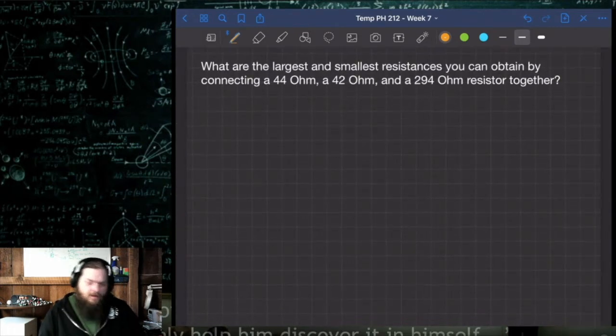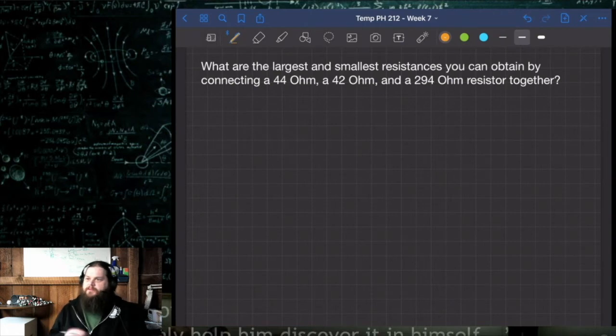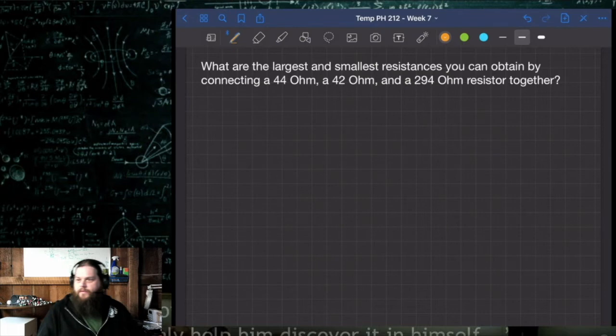So now we can apply this. They ask in this question, what are the largest and smallest resistances you can obtain by connecting a 44 ohm, a 42 ohm, and a 294 ohm resistor together?